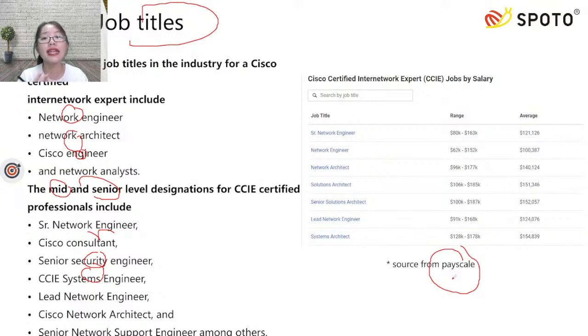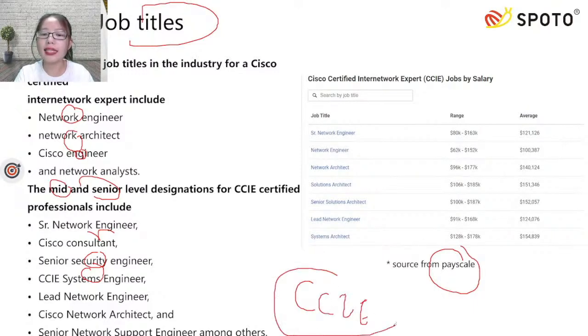hoping to earn high salary. For example, I had two colleagues before. They interviewed at the same company. The skills of the two weren't very different, but one of them had CCIE certification and the other only had CCNP certification.